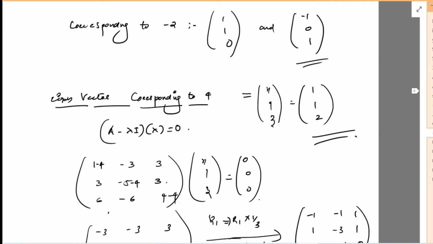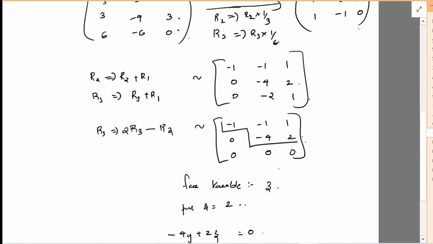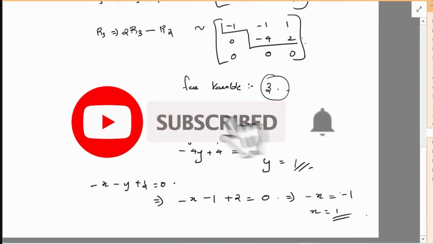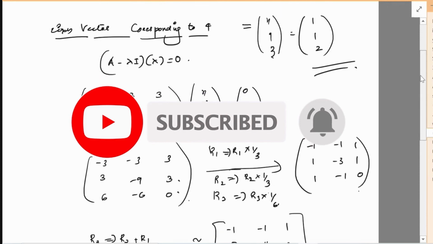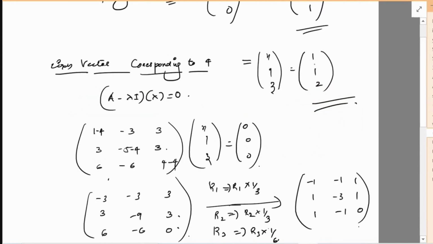Corresponding to minus 2, there are two free variables, so there are two independent eigenvectors, which are 1 1 0 and minus 1 0 1. Corresponding to the eigenvalue 4, we got only one free variable, so there exists only one independent eigenvector, which is 1 1 2.